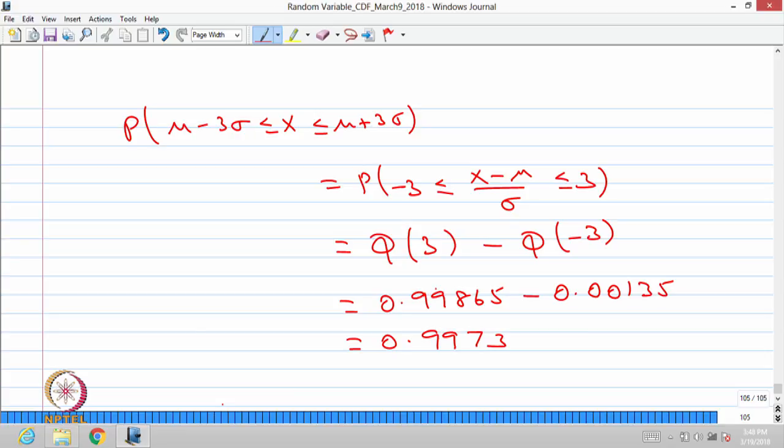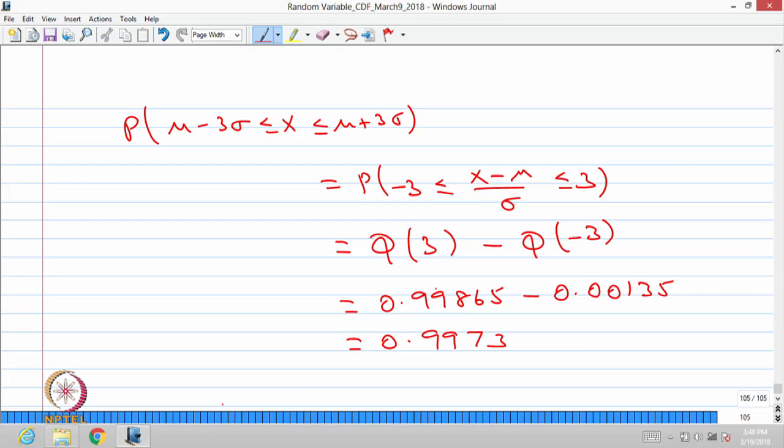That means when x is a normal distribution, 99.73% of the probability accumulates in the range mu minus 3 sigma to mu plus 3 sigma. That is equivalent to saying the probability of the absolute value of x minus mu being greater than 3 sigma is 0.0027.